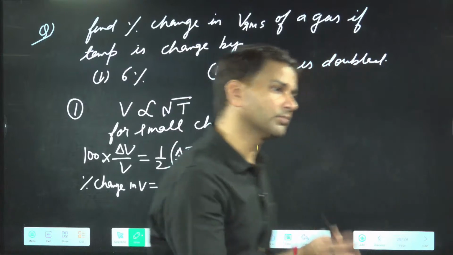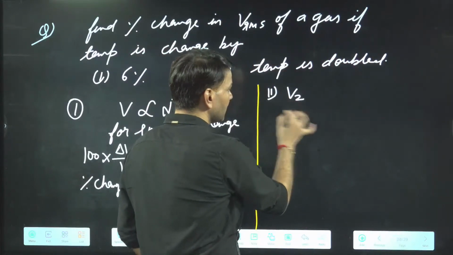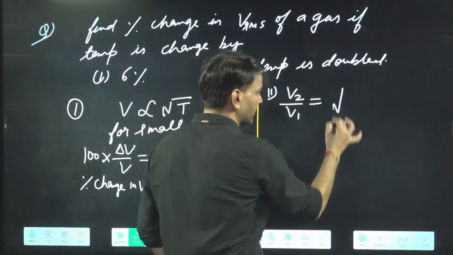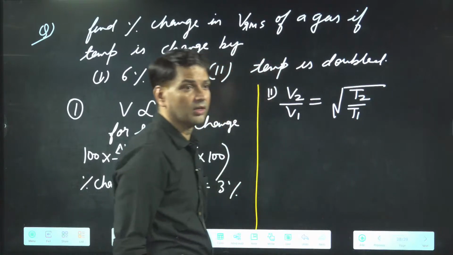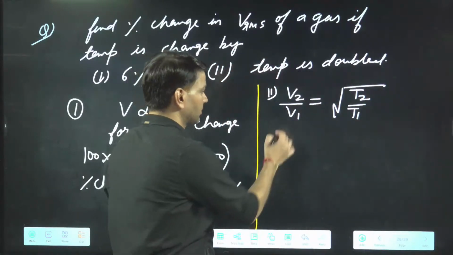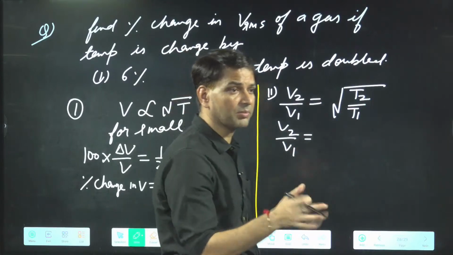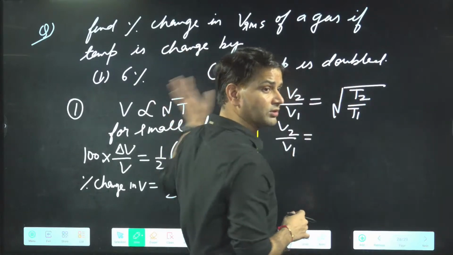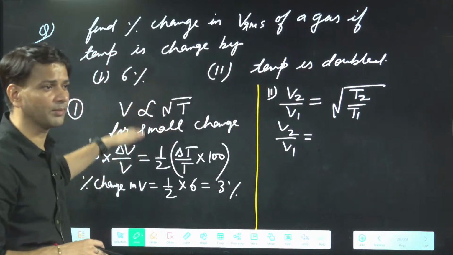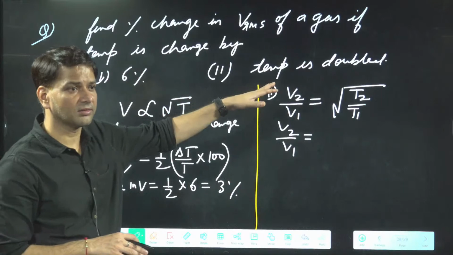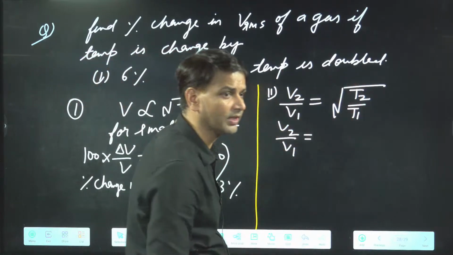Understood? So for that we will use V2 by V1, which I can write as the square root of T2 by T1. Now the temperature is doubled. Like 20%, 30% changes may also be given, so you will not use the approximation there, you will use this. Less than 10% you can use the approximation, but more than that you have to follow this procedure. V2 by V1 is the square root of T2 by T1.